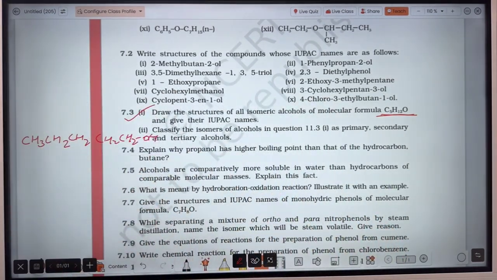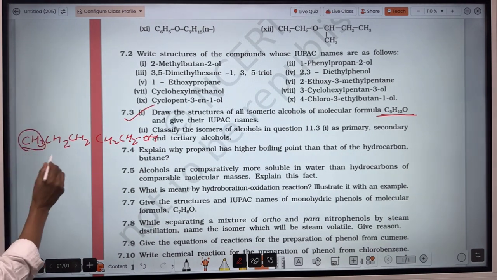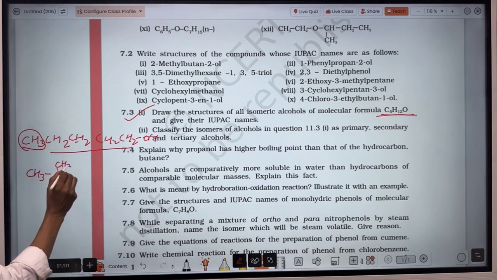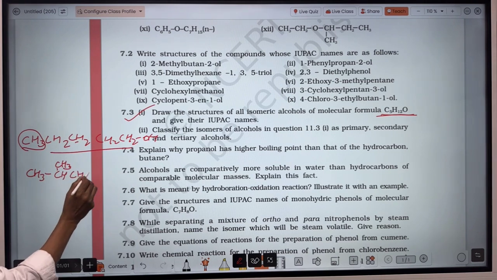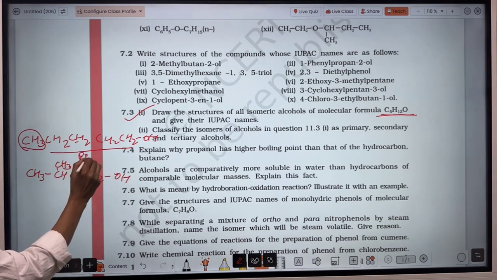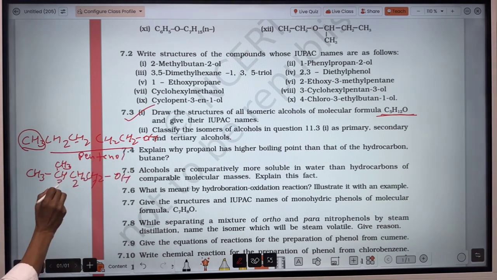So one is this, one compound. Then let's see again this one. Take one methyl from here. So the main chain will be of 4 carbon and attached to the second carbon. So the compound becomes, it is simply pentanol. It is 1, 2, 3 and 4 here.